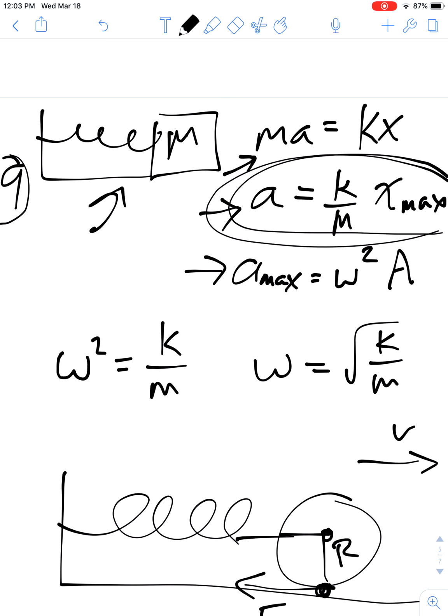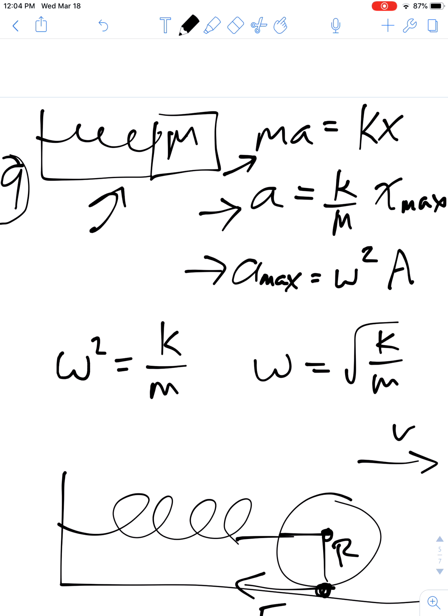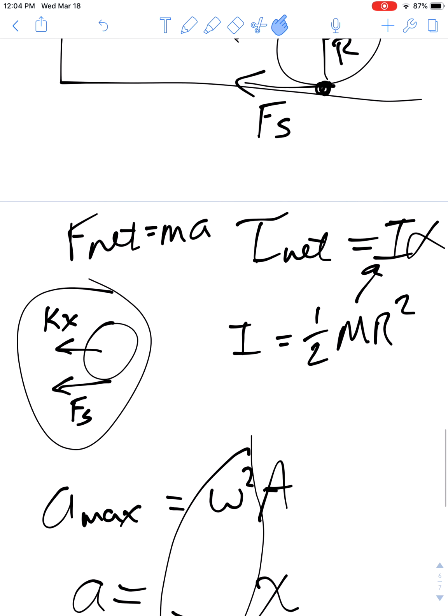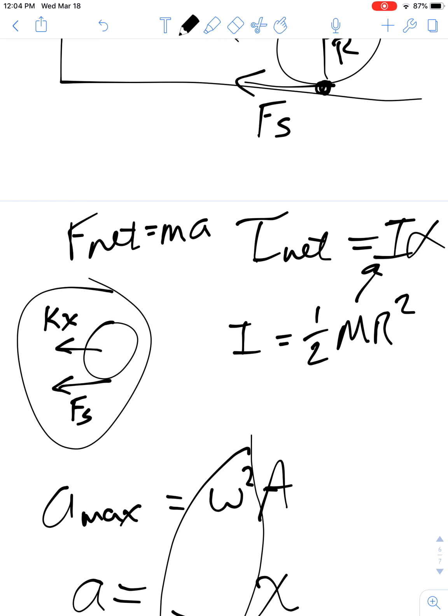If you do that, and you combine your equations, then you should be able to get some sort of expression like this. But instead of seeing the angular frequency as root k over m, you'll find it as something different. Of course, you can look at the answer key to see what that is, but the bottom line is you should be able to get that from the fact that you know I is 1/2 mr squared, and you should be able to draw your free body diagram as I've shown here.